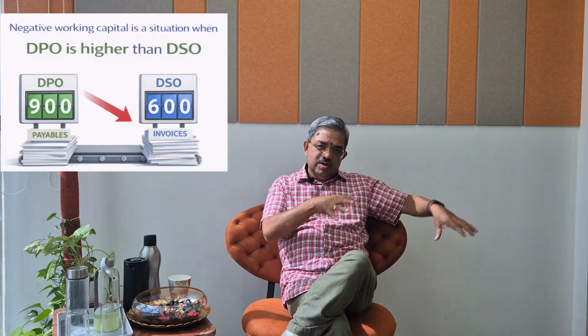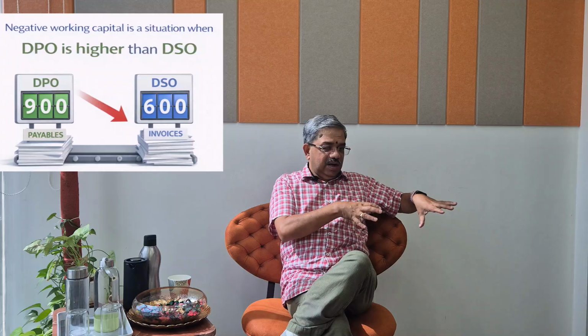So you don't need to borrow from the banker. And you will eliminate the highest cost debt, and your capital employed will become looking very lean and very beautiful. And if it is the case, then your ROCE is going to be one of the best in the industry.